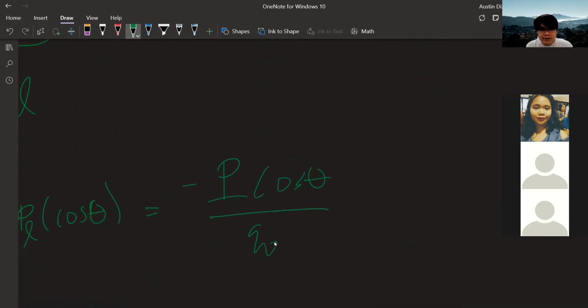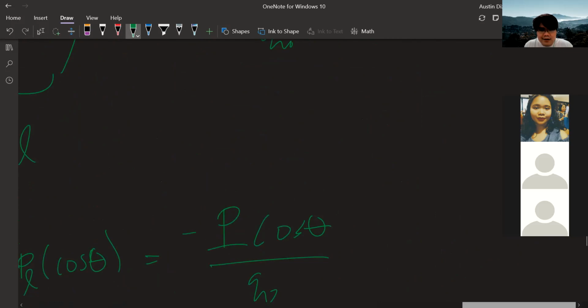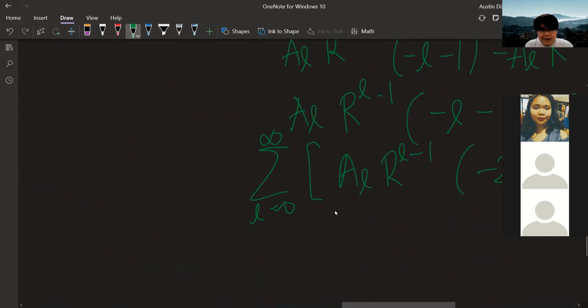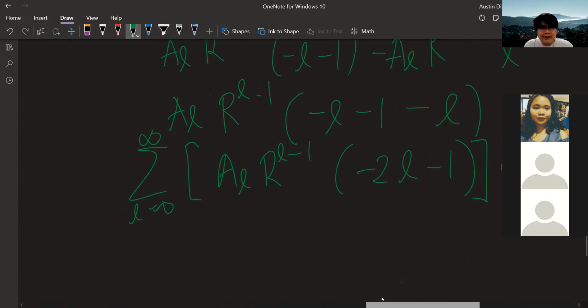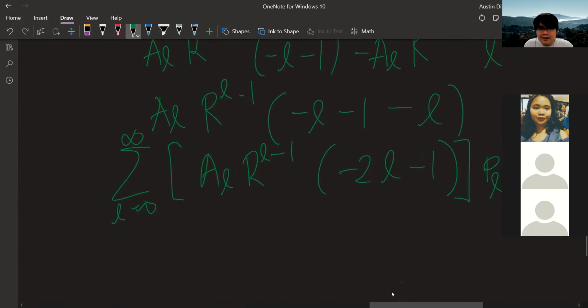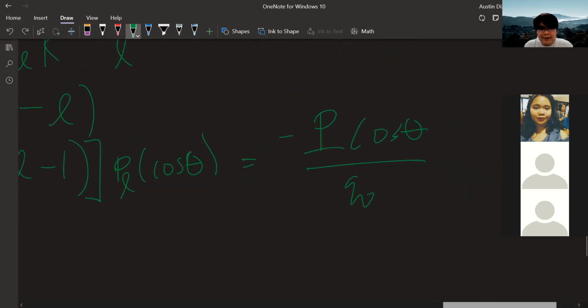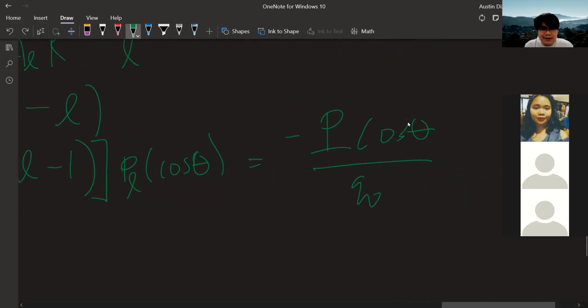Now, what you can do is, of course, try to solve for A_l by mathematical rigor by using the Fourier trick. Pero ang gagawin natin, syempre, sabi nga natin, mas madali dapat tong way na to. So, eyeballin na natin. Alam natin cosine theta lang to.